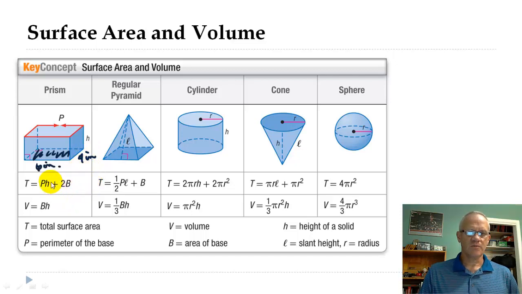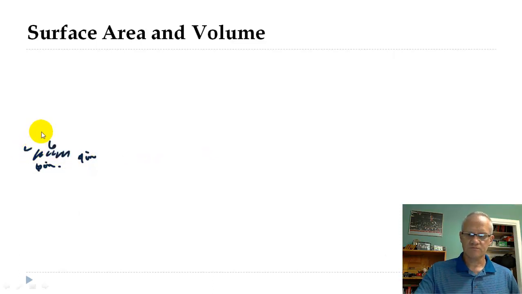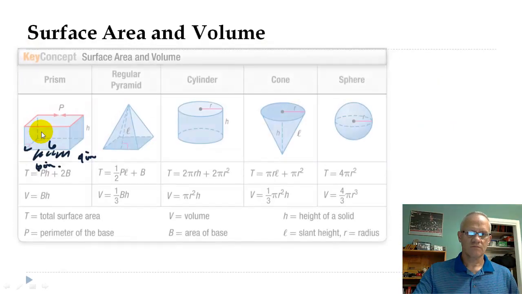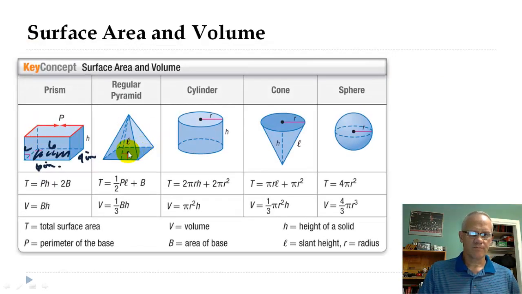And so if that were the case, to figure out the perimeter of the base, we would do what? Well, if this is a rectangle, we know that this is also 6 over here, and on this side over here it's 4.